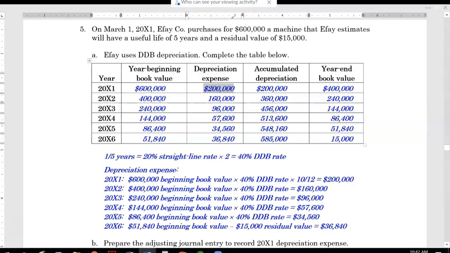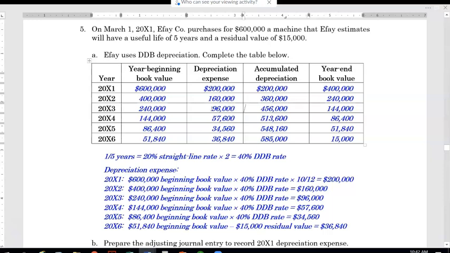So here 400,000 times 40% rate, that's a depreciation of 160. 160 plus 200, it's 360 accumulated depreciation. Minus the total cost of 600,000 gives us a book value of 240. Take the 240 to year 3, multiply by 40% again.